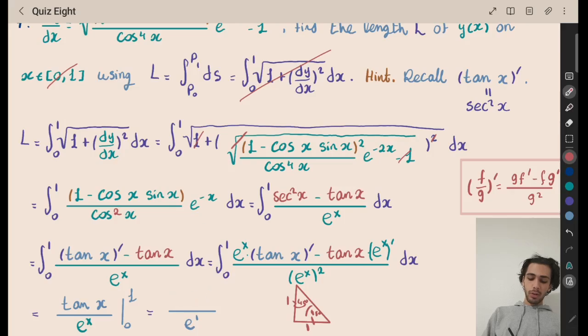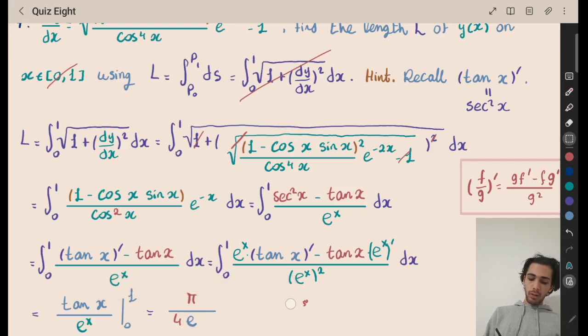But we don't write it in degrees, we write it in radians. So 45 degrees is 180 degrees divided by 4, and 180 degrees is pi radians. You get pi over 4 divided by e to the 1, which is e. I can write pi over 4e.